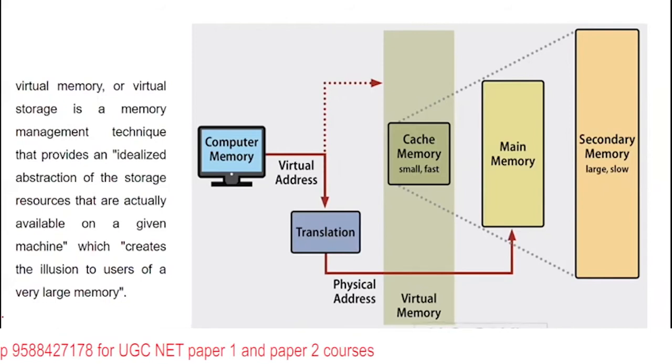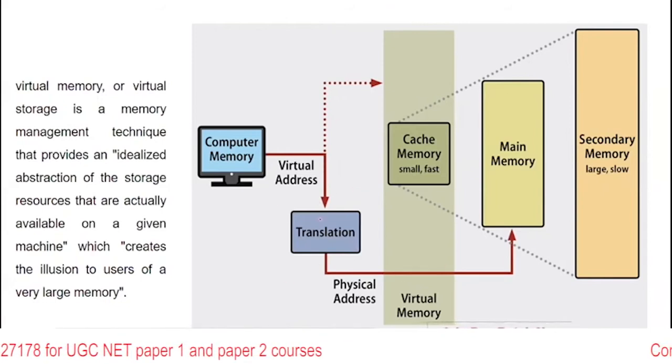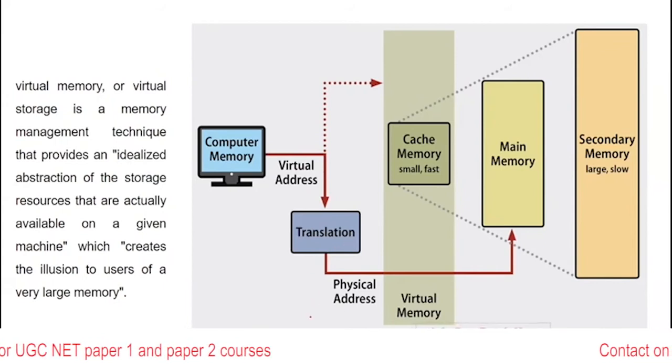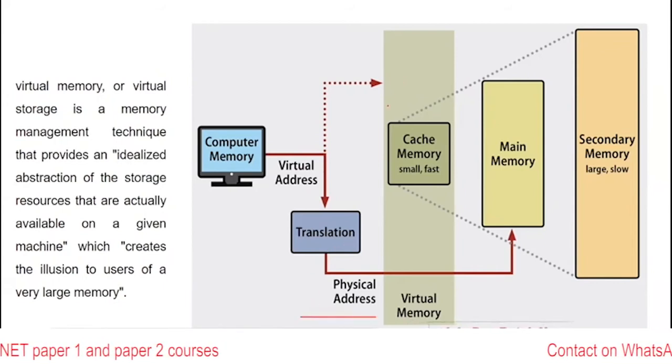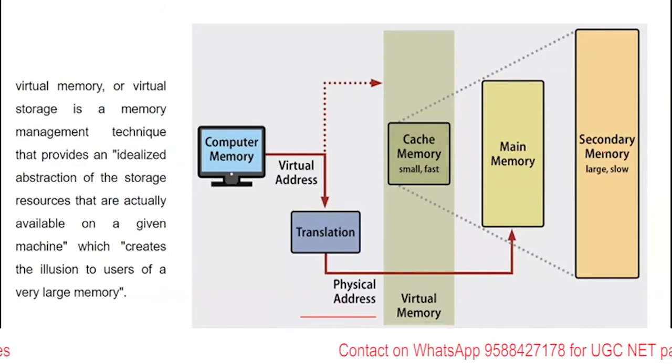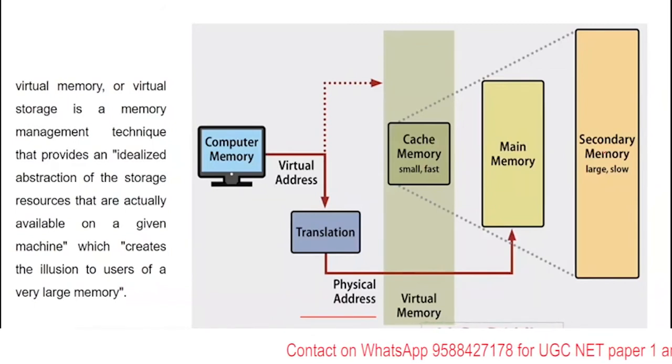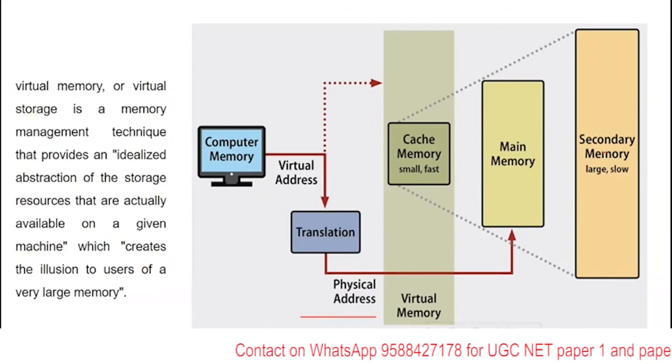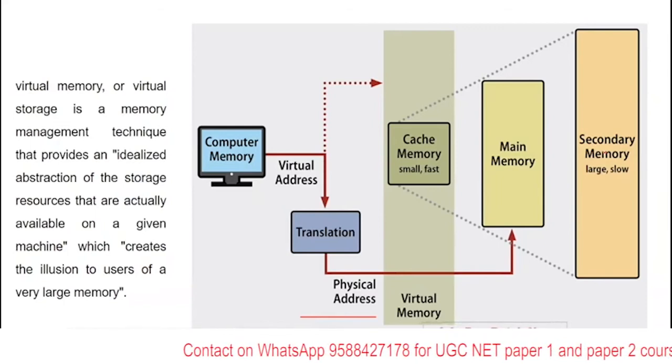For example, with computer memory, a virtual address is translated into a physical address. Cache memory is very small but very fast, whereas secondary memory is large but very slow.